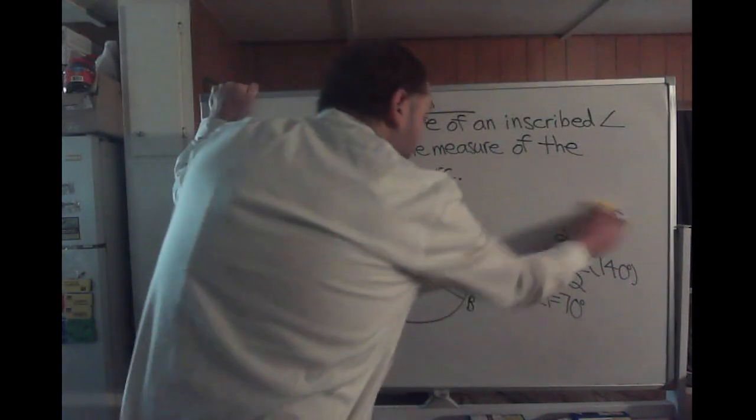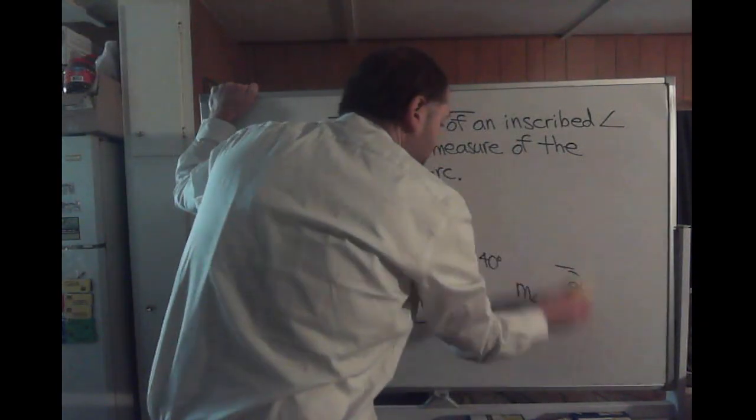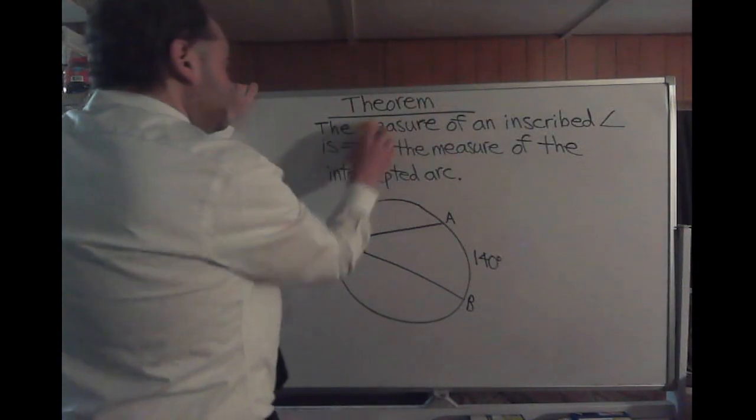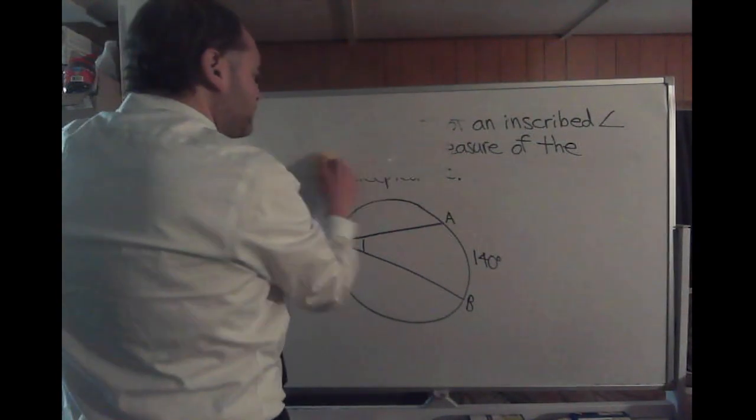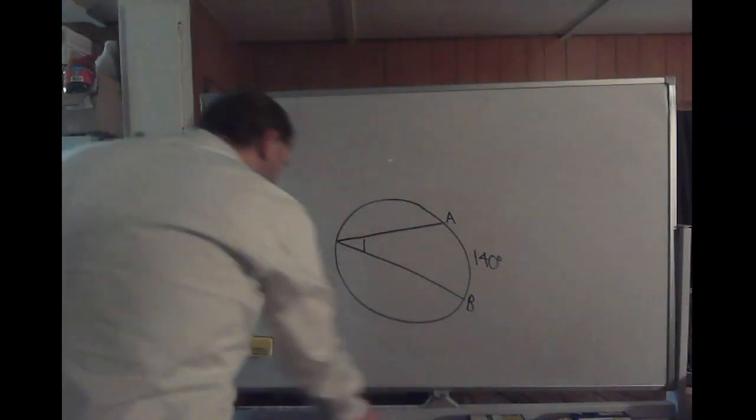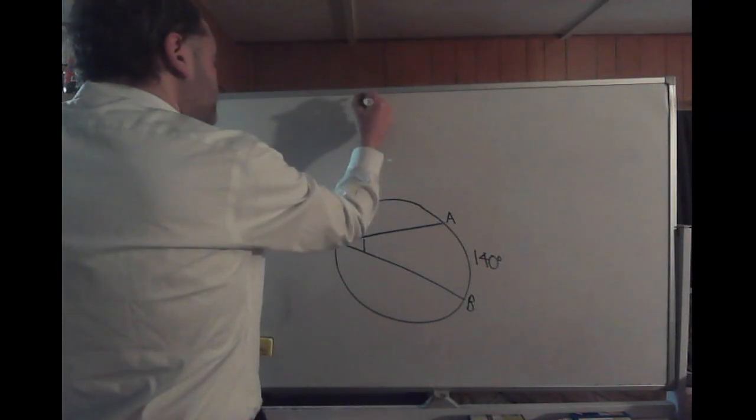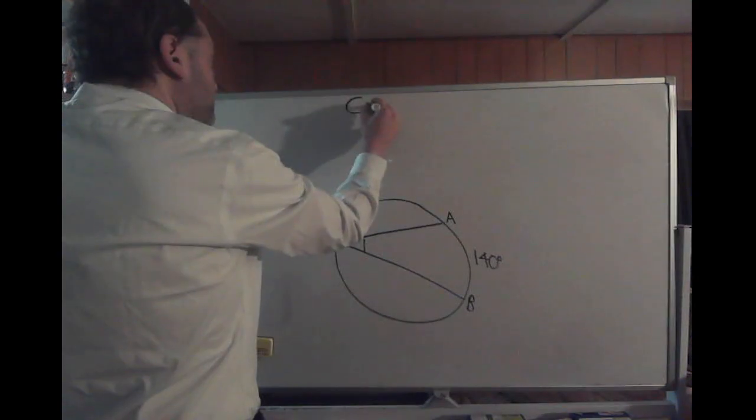Now I'm going to keep this circle here. We're going to do a corollary based on this. There are actually a few corollaries for inscribed angles, and then there's another theorem.